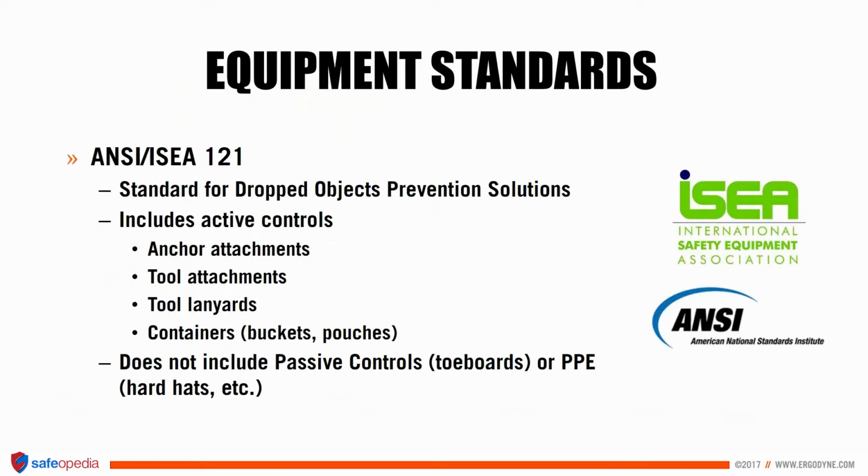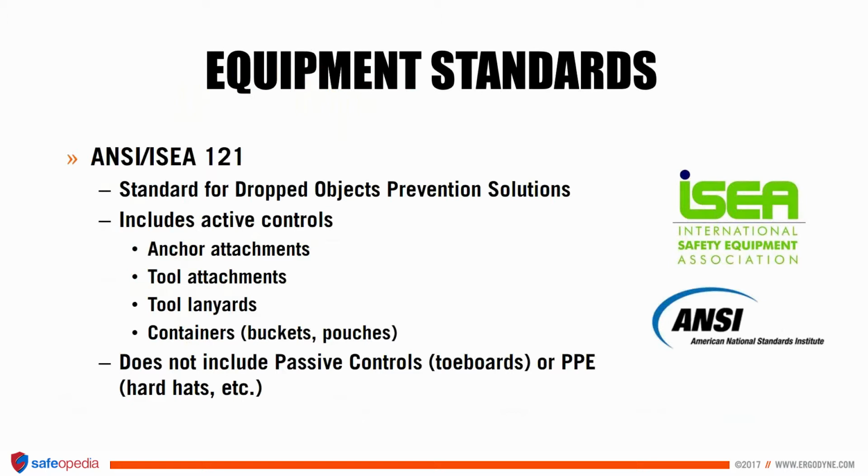Right now, anybody can manufacture a tool lanyard in their garage. This is going to give a script to manufacturers for how to do it safely, and then that can be transported into a best practice for end users to know that if they're using 121 certified equipment, they're using something that's been tested to a standard.